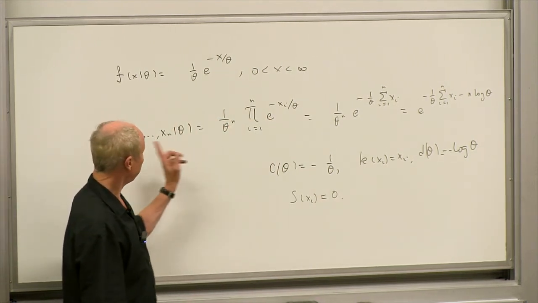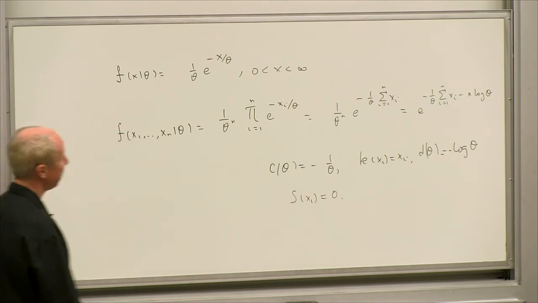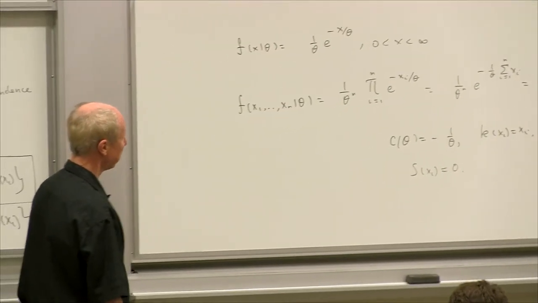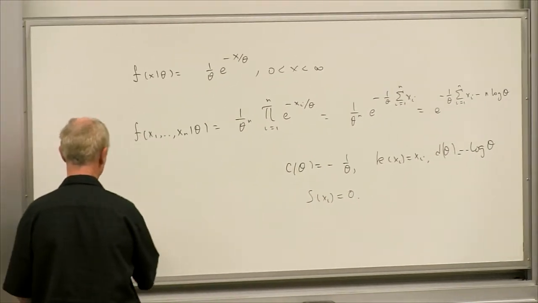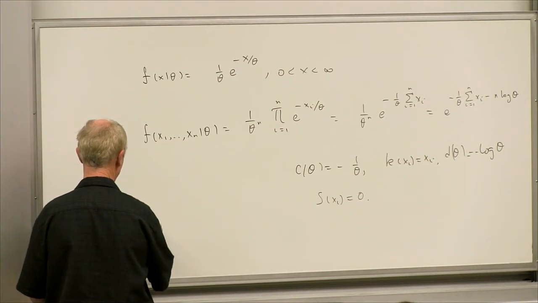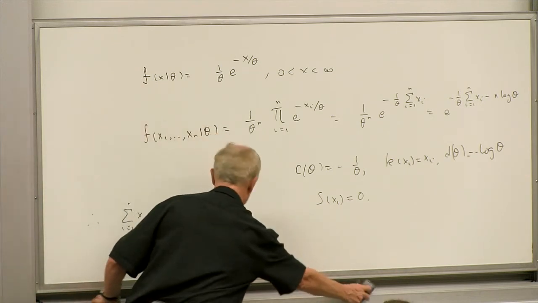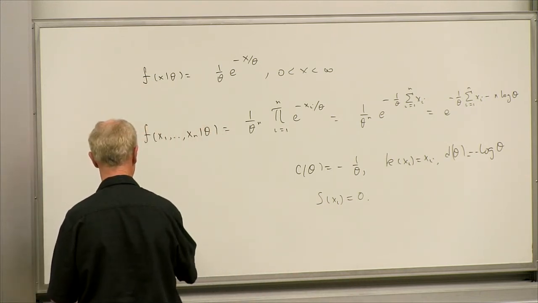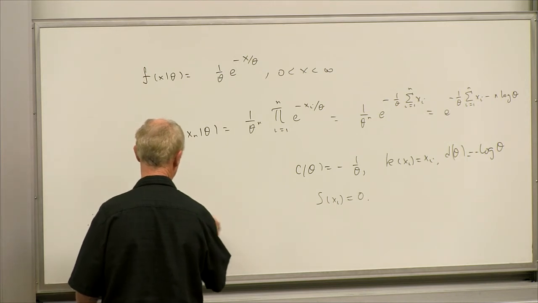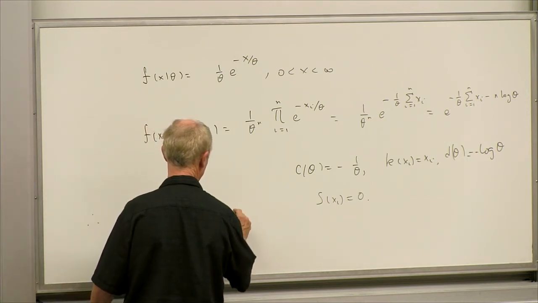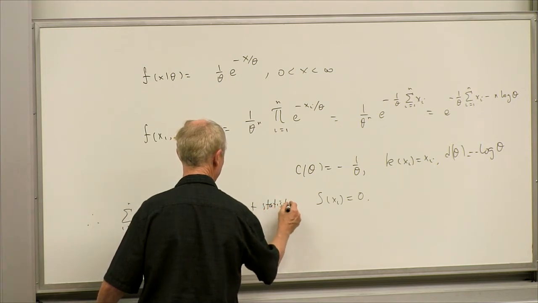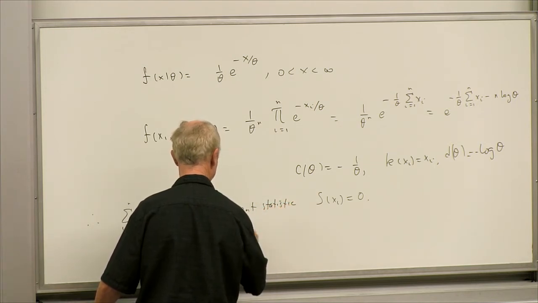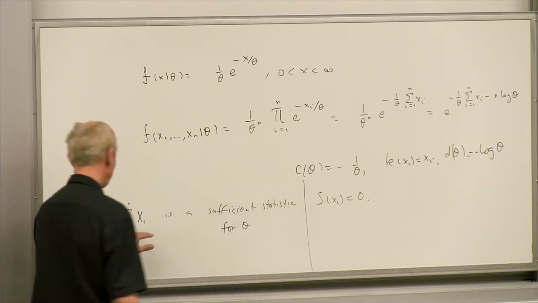And so the exponential density for IID exponential random variables is an exponential family, and therefore the sum from i equals 1 to n of capital Xi is a sufficient statistic for theta. But is that the one we want to use to estimate theta?